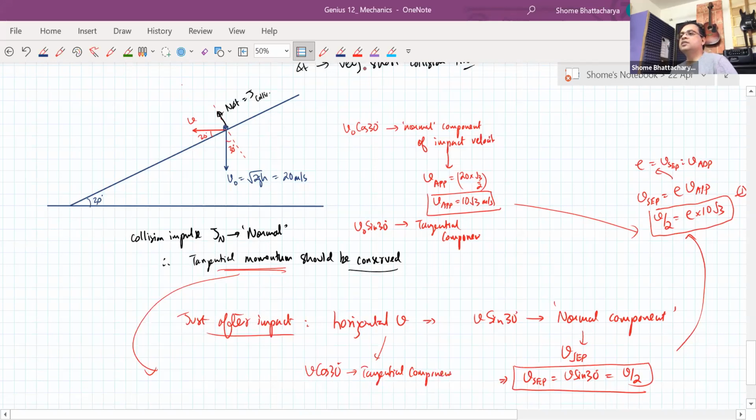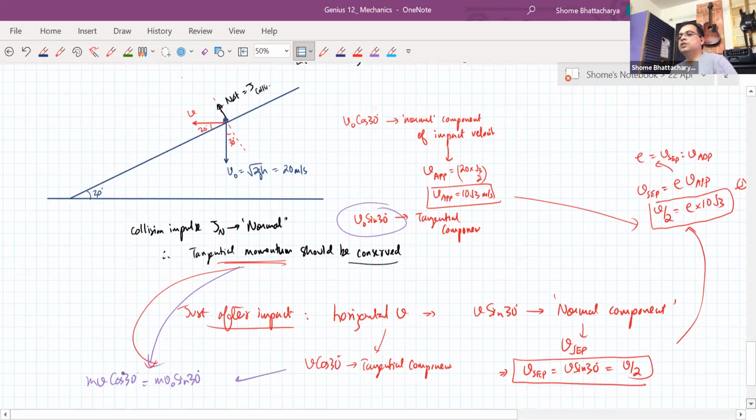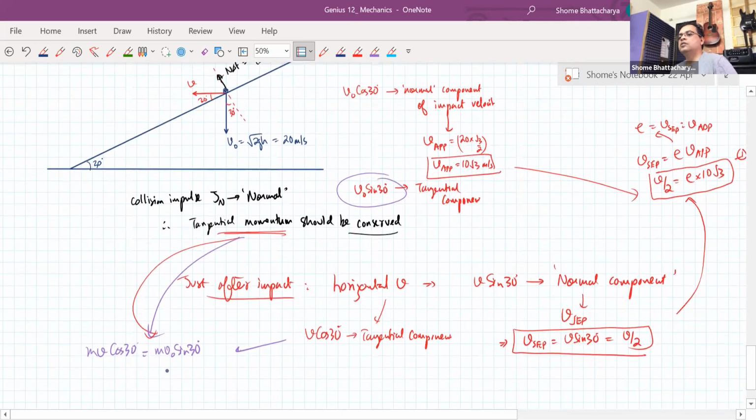So tangential momentum conservation tells us that mv cos 30 should be equal to, from here, mv naught sine 30. So that tells us that v should be equal to v naught tan 30. So v should be equal to 20/√3 meters per second. And that is our second equation.